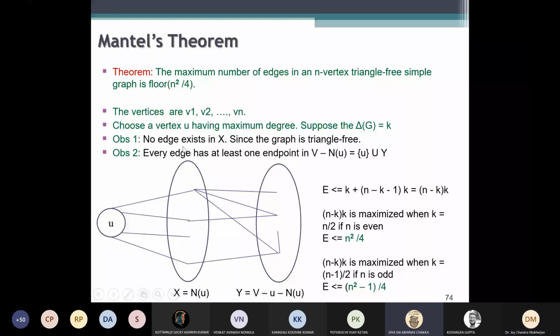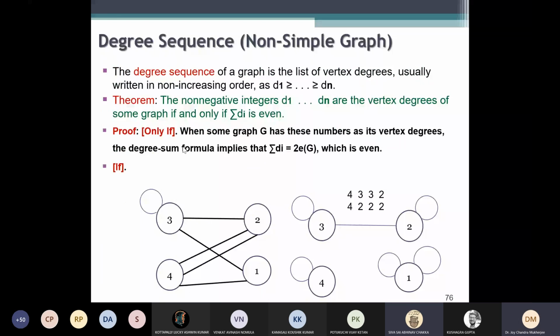Okay, next we go to a definition which is called degree sequence. Degree sequence is defined for simple graphs as well as for non-simple graphs. When we talk about a simple graph, we call its degree sequence a graphic sequence. So we'll look into all these things.